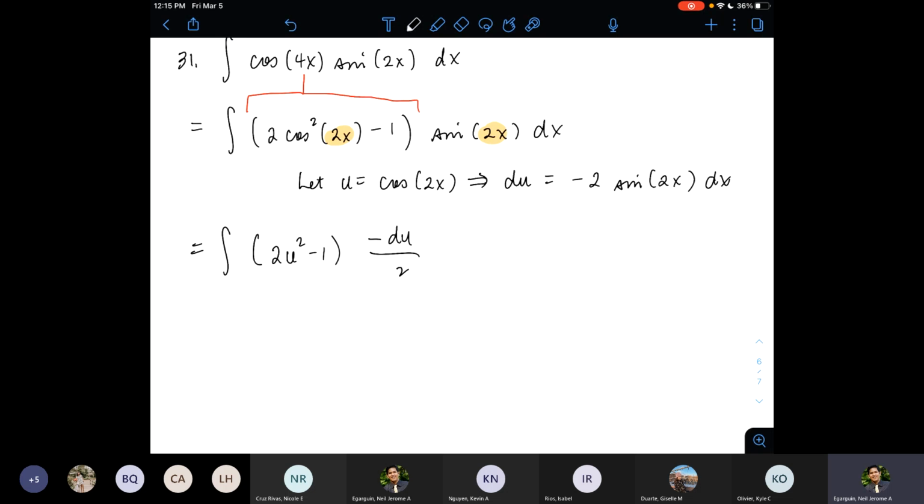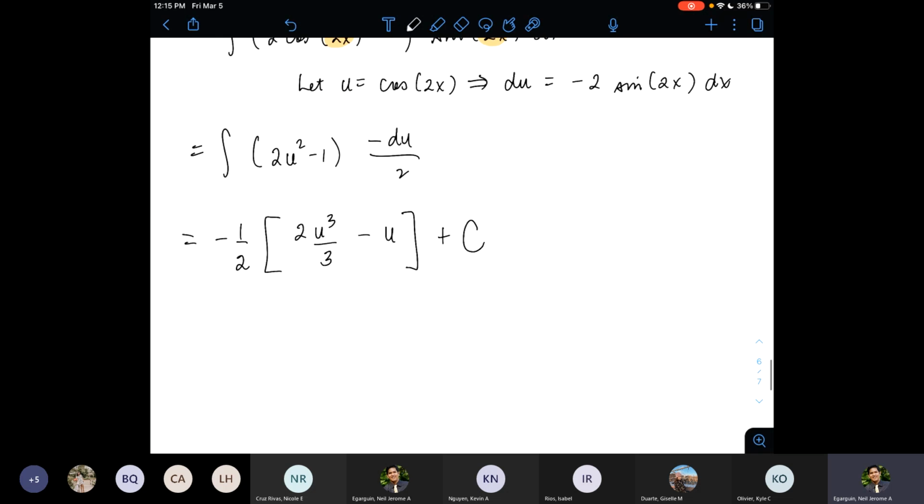Okay, and then hence we have negative 1/2 times the integral, which would be 2u cubed over 3 minus u plus the arbitrary constant c. So I took the -1/2 out, then integrated 2u squared minus 1.